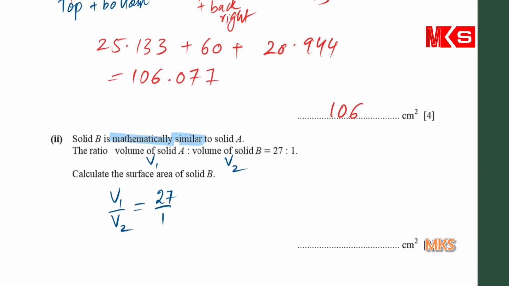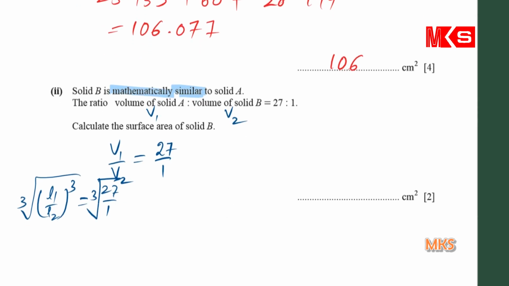And V1 over V2 is (L1 over L2) cubed, which is 27/1. If you take the cube root of both sides, the ratio of sides will be 3:1.